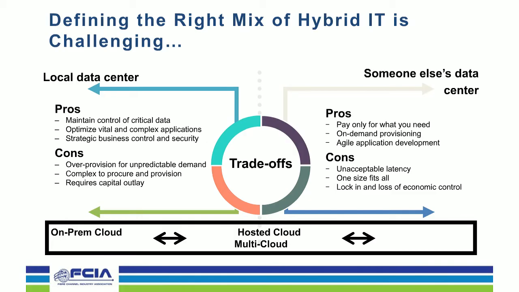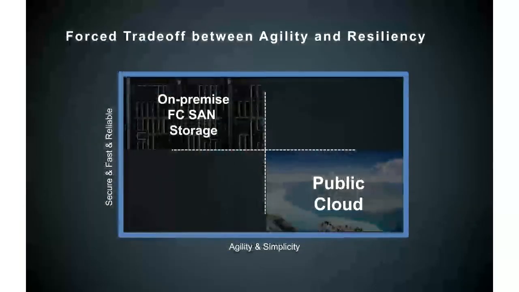I understand it's a complicated choice, but what has happened is that you get forced to trade off agility, going to the cloud and making it easy, versus your resiliency and your on-prem response times and control of that response time, right?